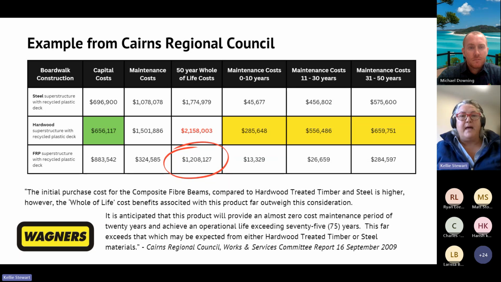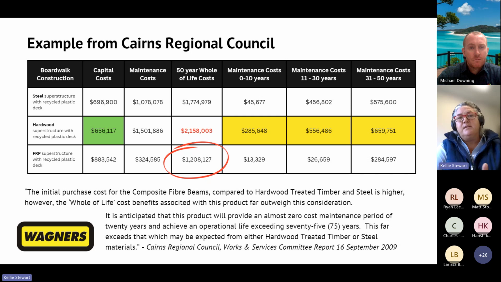And if you add all of that up, you get the fourth column titled 50-year whole of life cost, which for the hardwood timber structure turned out to be the most expensive of the three original options at more than $2 million, which I've highlighted there in red text. So factoring in the total cost of ownership and comparing steel, hardwood and FRP, the FRP actually outperformed all others in this scenario at $1.2 million, which I've circled there in red.